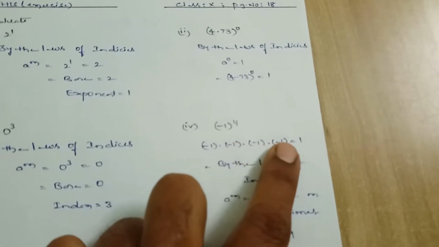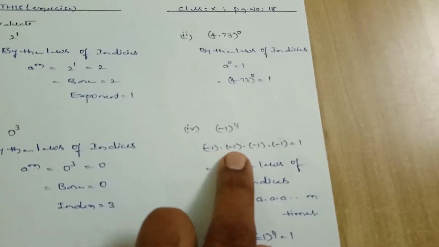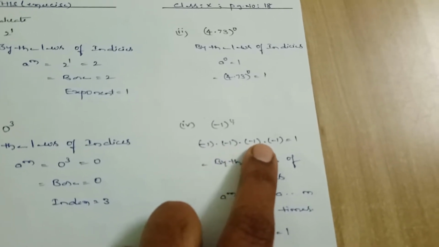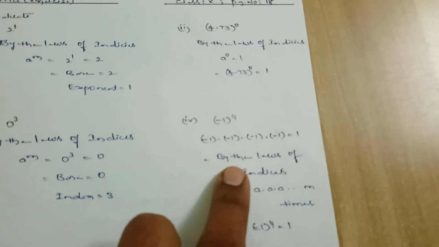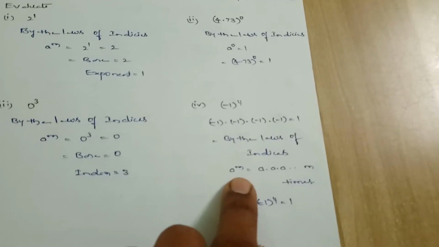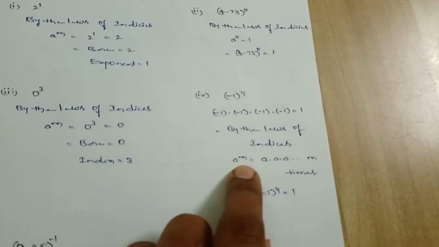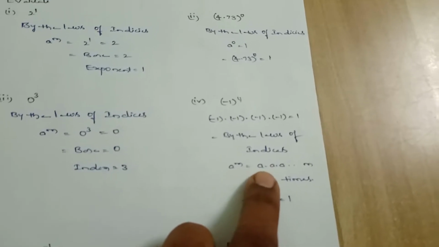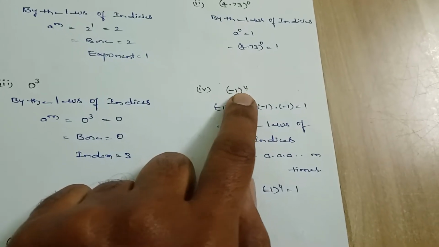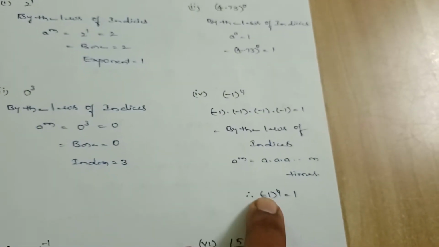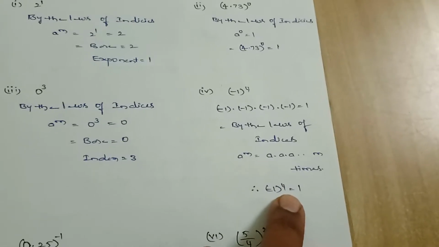When you simplify this, you will get 1, because there is an even number of minus symbols, so we get a positive number. By the laws of indices, this is in the form of a power m, so this can be written as a into a up to n times. So minus 1 is repeated up to 4 times. So that's it. You have to write in the form of laws of indices, and also you should simplify.